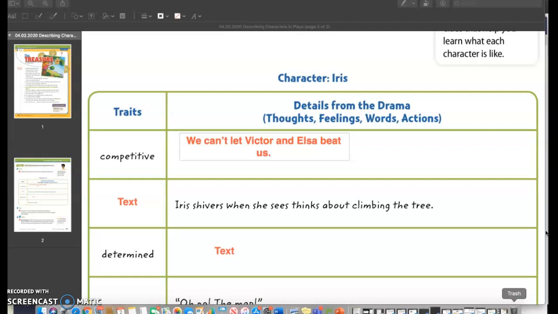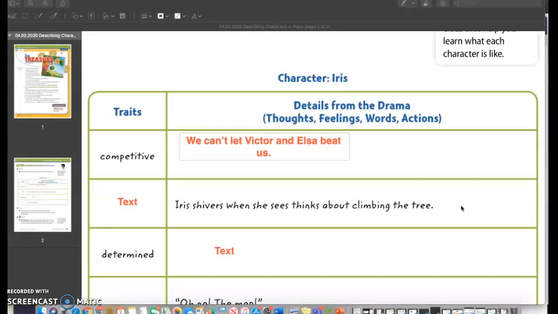Okay, and so let me read you all this part of the text that gives a little insight on Iris shivering as she's about to climb the tree. I'm going to read from line 10, and Iris is speaking. She says, "I guess one of us is going to have to climb the tree." Gus says, "But I'm afraid of heights."